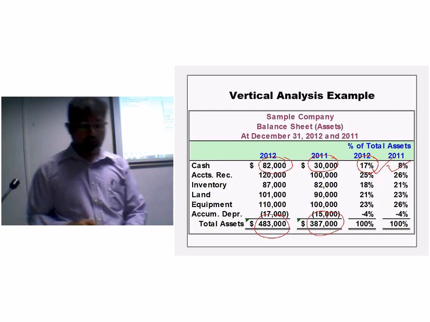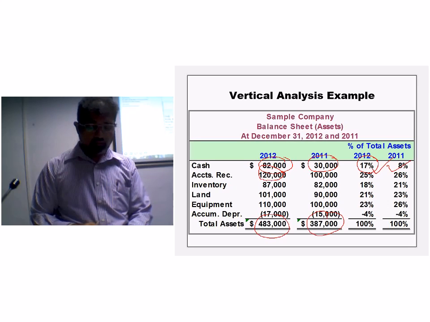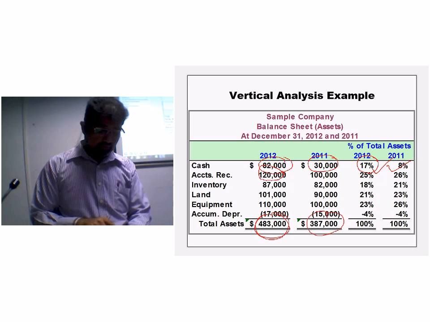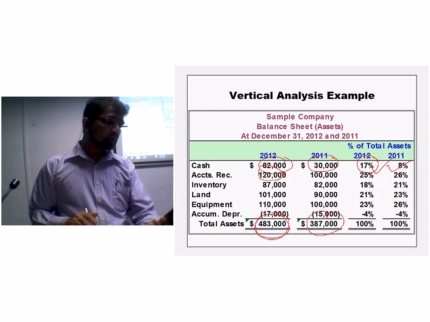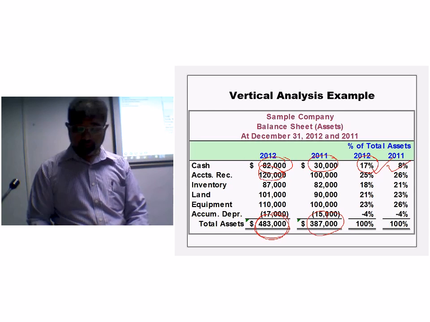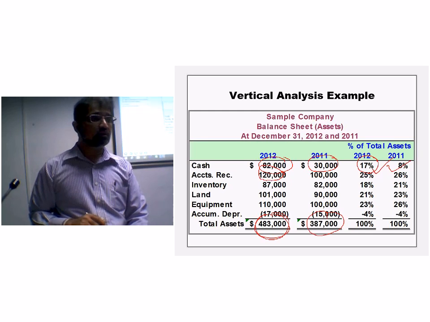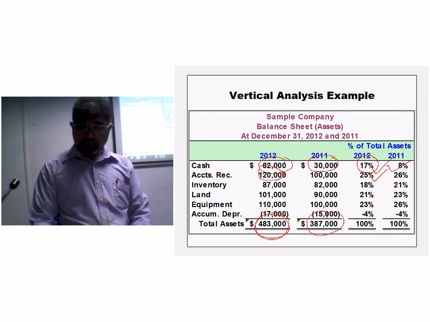Account receivables 120 divided by 483 into 100. Your answer is 24.84, approximately 25%.